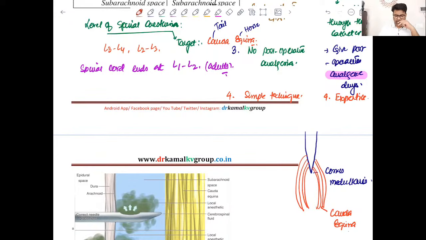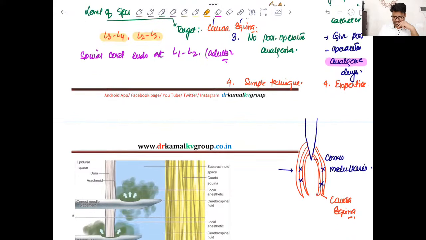So this is our target area while giving spinal anesthesia. We aim to block these nerve fibers of cauda equina. That's why we always go low. That's why we always go below the termination of spinal cord, right? So this is in short about the concept of spinal anesthesia and epidural anesthesia.